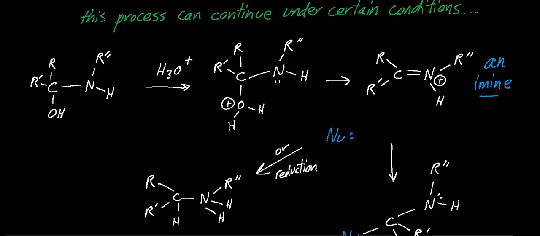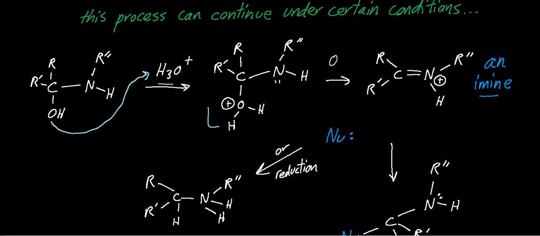This process can continue, though, if it was, for example, in acid conditions. Here, we can protonate the alcohol, resulting in that OH2 excellent leaving group. And it's like an E2 elimination reaction.